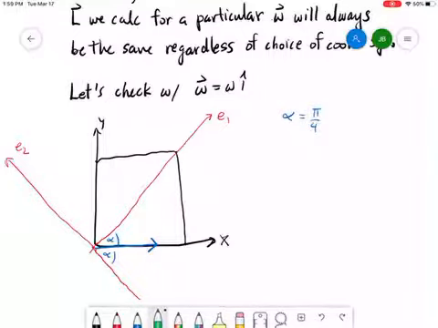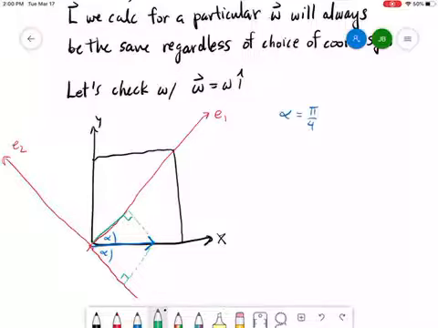Okay, so if we break this omega vector into components along E1 and E2, what you can see is that here, if this is length omega, this is a length omega over root 2, and this is also a length omega over root 2.